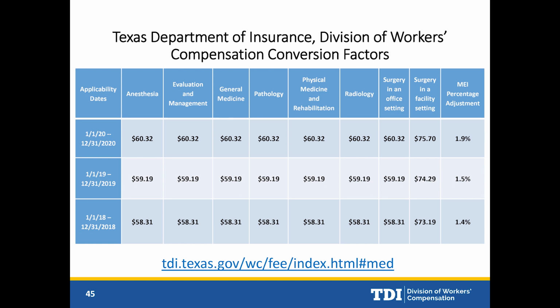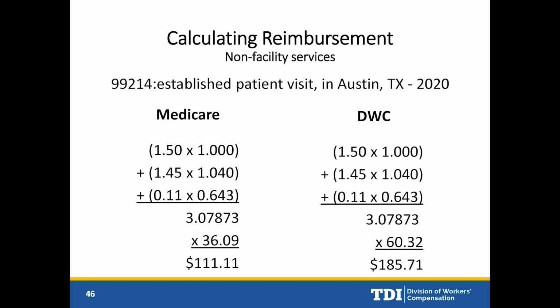That will be the division conversion factor in 2020, and to the right of that table you'll see the increase in the MEI, which is applied to our conversion factor. New conversion factors go into effect on the first of the year. So the 2020 conversion factor will become effective on January 1st next year.